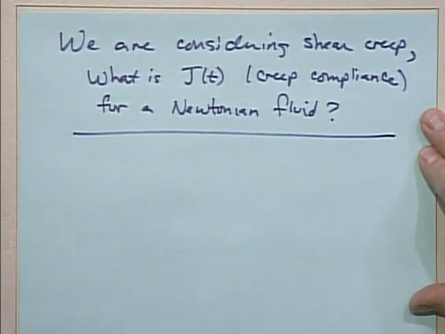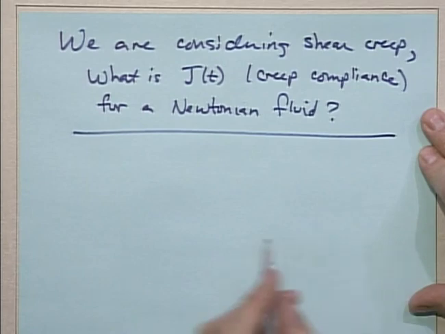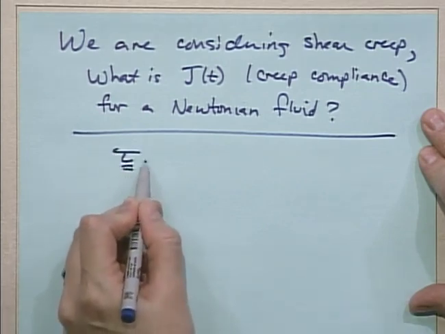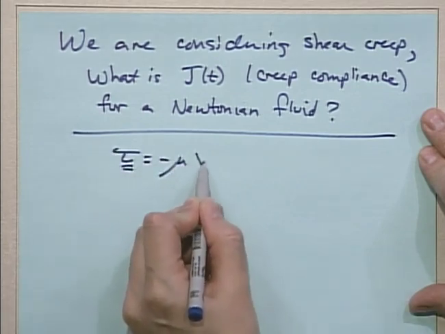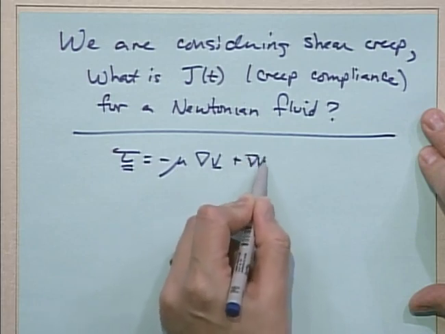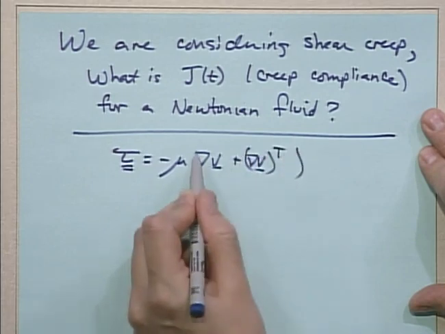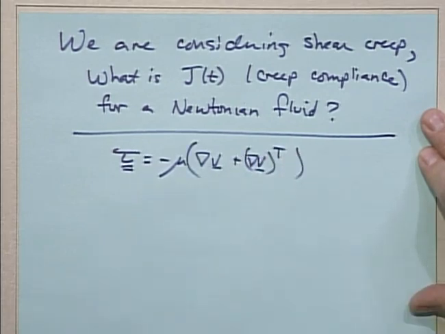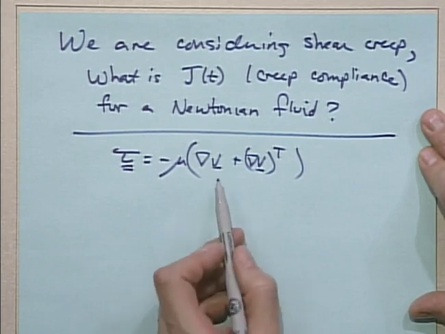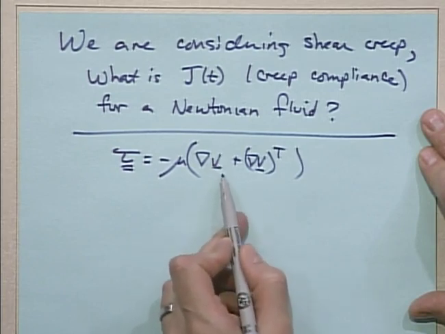Now, when we made predictions for material functions using the Newtonian constitutive equation before, we always started with the constitutive equation. And that's still going to be the case. But it was easier when we specified the velocity, the shear rate, because that meant we knew the velocity directly.